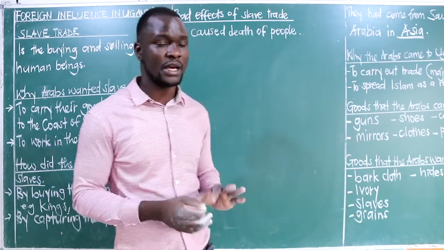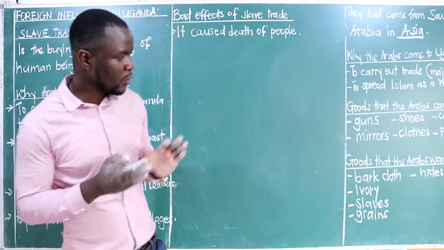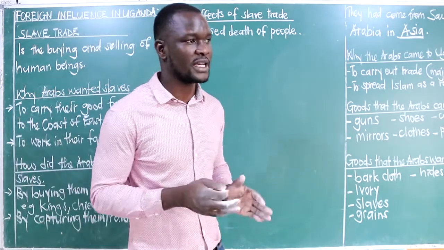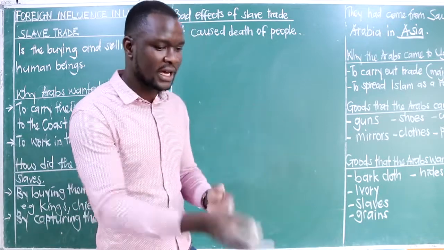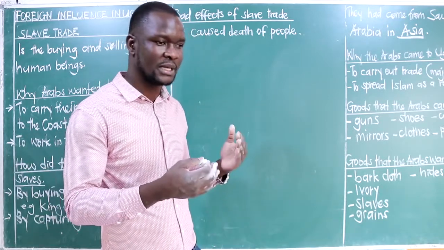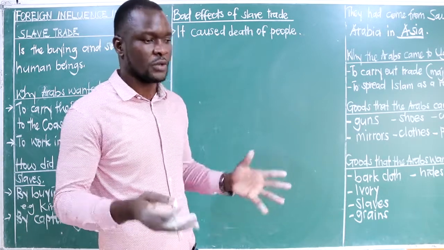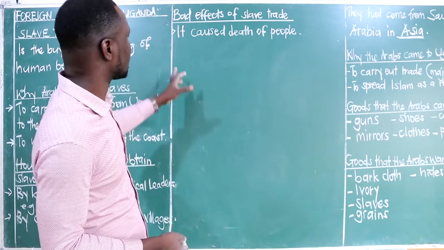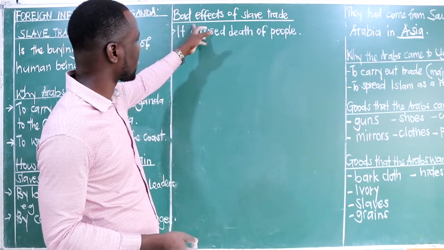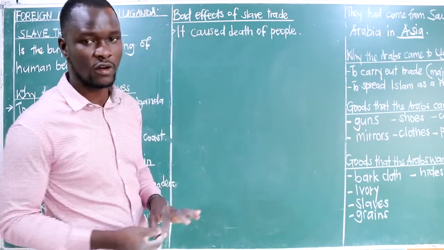Remember, by that time, the roads that we have today were not yet there. So people were just passing by forests, bushes like that. When they leave you there, you are helpless, you cannot walk. So you will wait for an animal to come and eat you up. So that is the first danger. Slave trade caused death of people.